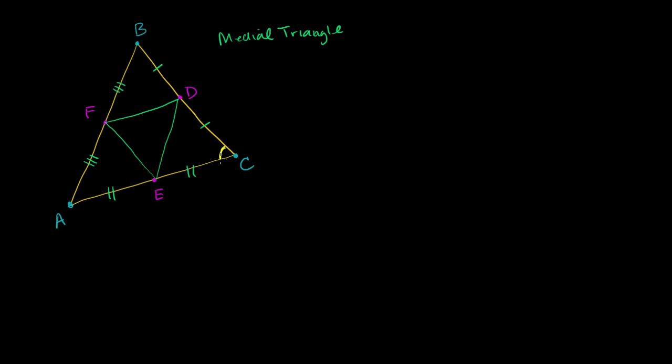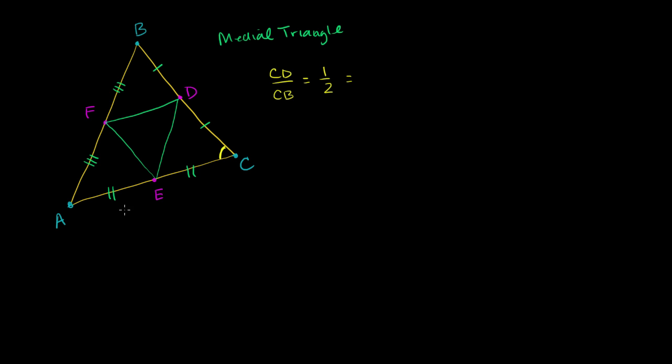And then let's think about the ratios of the sides. We know that the ratio of CD to CB is equal to 1/2. This is half of this entire side. And that's the same thing as the ratio of CE to CA.